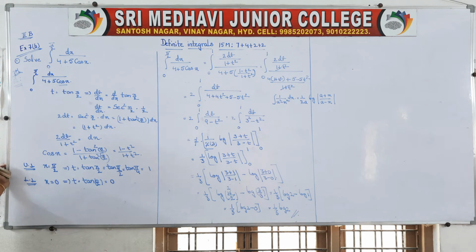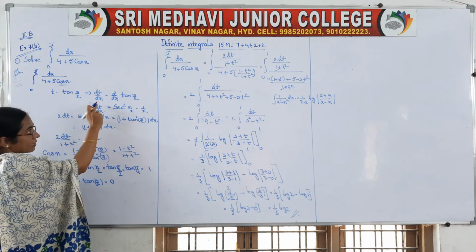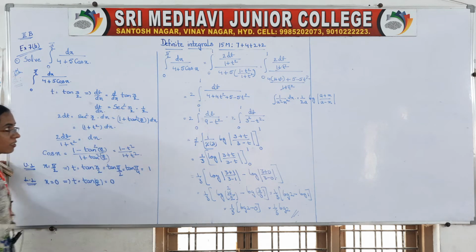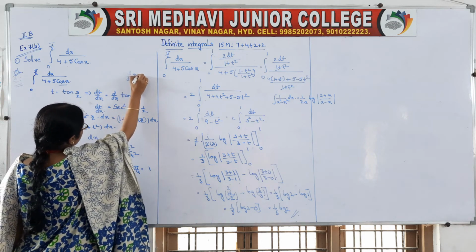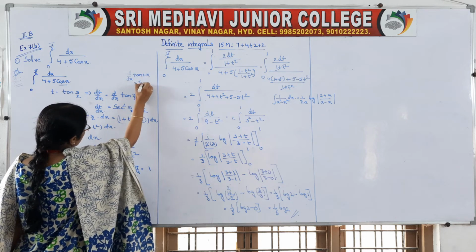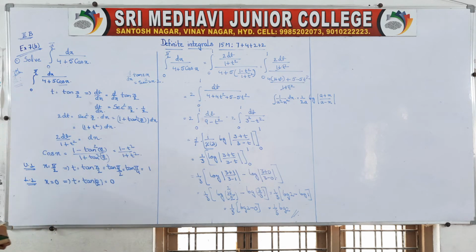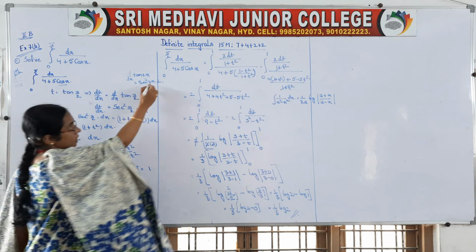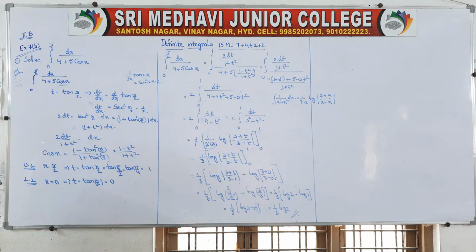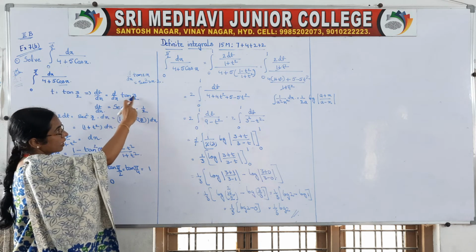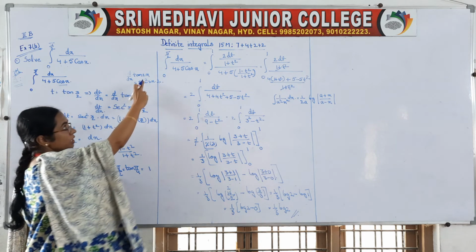Then differentiating with respect to x on both sides, dt by dx is equal to d by dx of tan x by 2, which is secant square x by 2 into 1 by 2, isn't it? In differentiation, that variable's multiple will come in multiplication; in integration, that variable's multiple will come in the division. Same thing here, tan x by 2 means 1 by 2 into x is there.